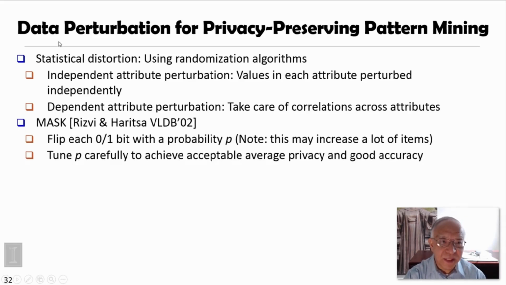And for this data perturbation, there are some interesting studies. One method is called MASK. If you think your shopping transaction contains lots of items, usually one shopping basket may only contain 10 or 15 items.